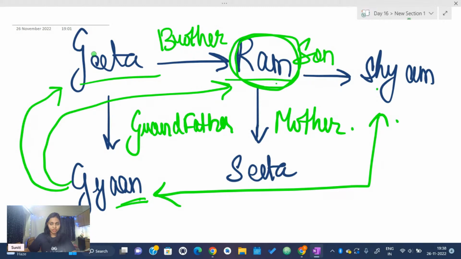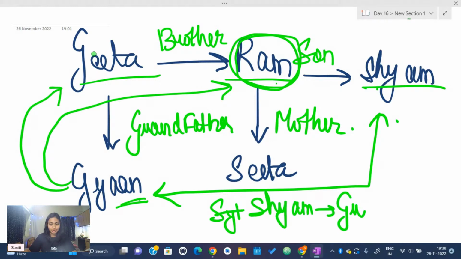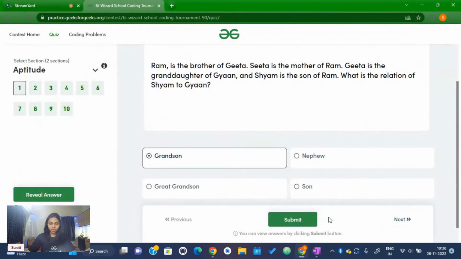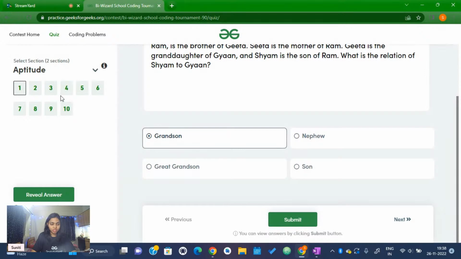So Shyam is the great grandson, actually, of Gyan. So the answer to this question was great grandson. That is the correct answer.